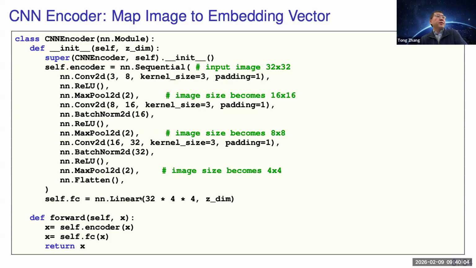For that, you need an additional linear mapping from whatever the CNN gives you at the end of your network to your embedding dimension. So this is your embedding dimension of Z. Basically, if you look at the code, in the end it gets you a vector of dimension Z.